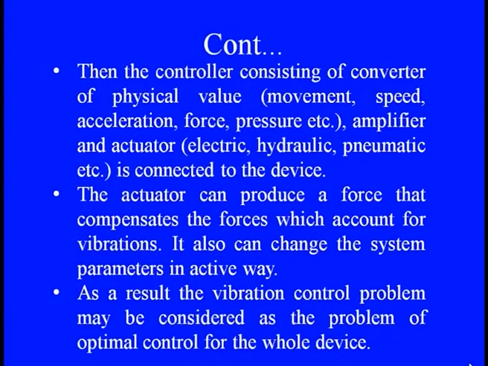So, when the controller consists of the converter of any physical value, like the various dynamic features, starting from the movement, meaning the displacement, the speed or acceleration. So, all three dynamic parameters, displacement, velocity and acceleration, or even the force or pressure.